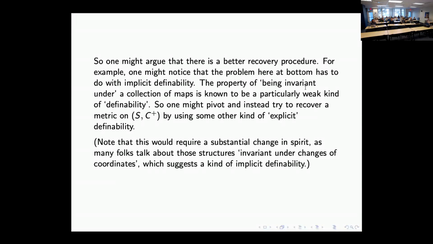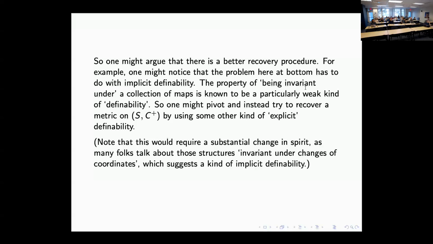So for example, one might notice that the problem here at bottom has to do with implicit definability. This property of being invariant under a collection of maps is known to be a particularly weak kind of definability. So one might pivot and try instead to recover a metric using some variety of explicit definability. Change our recovery procedure. Okay, so two points on this.